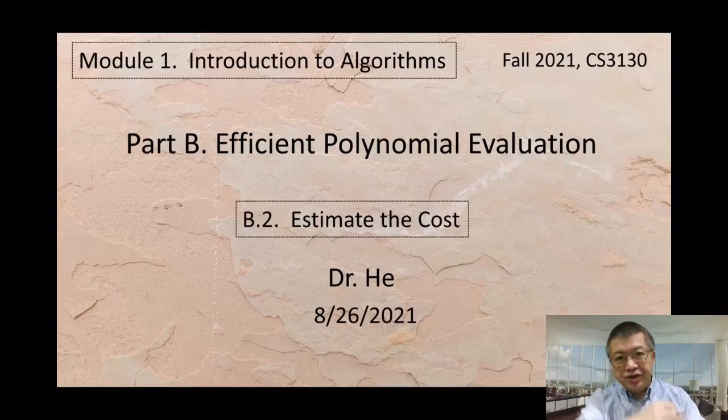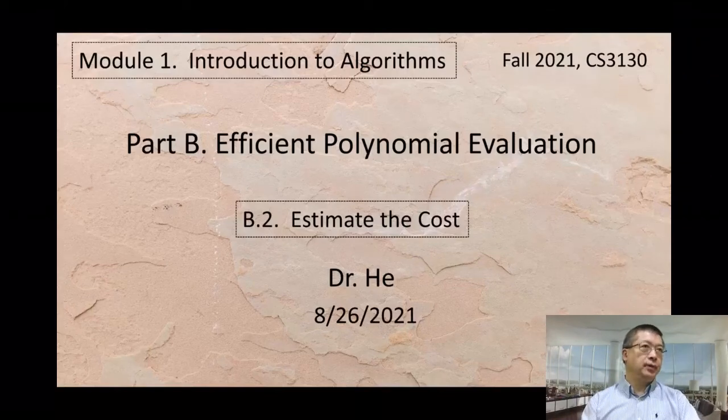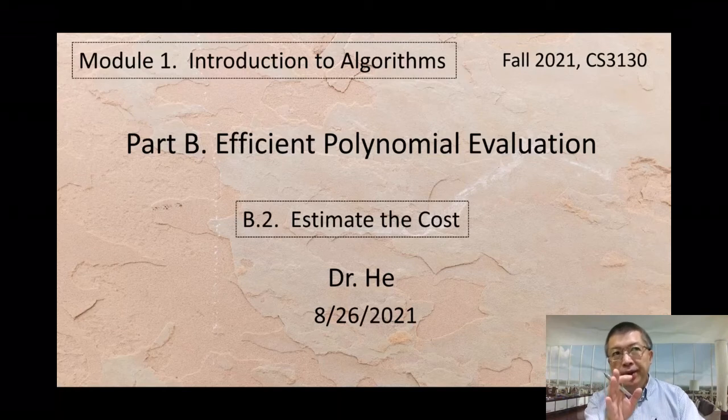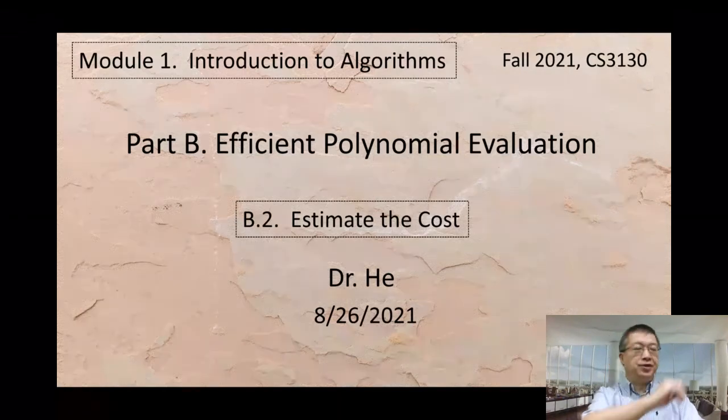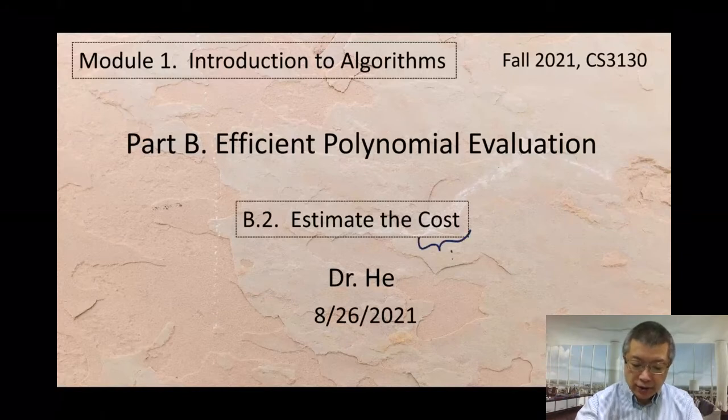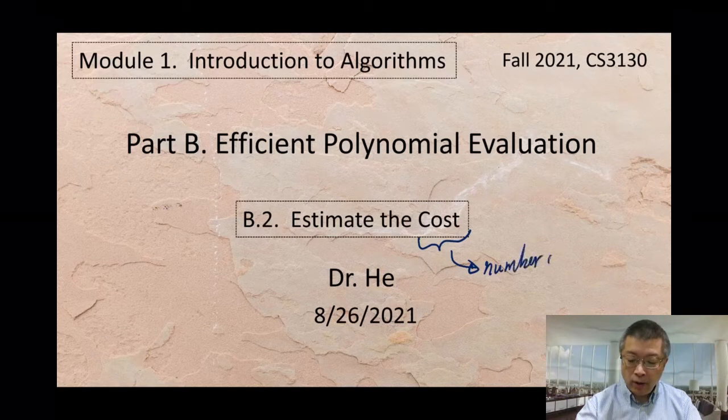Point 2, estimate the cost. From this title, you can see we are going to do efficiency analysis. Here, the cost means number of operations.